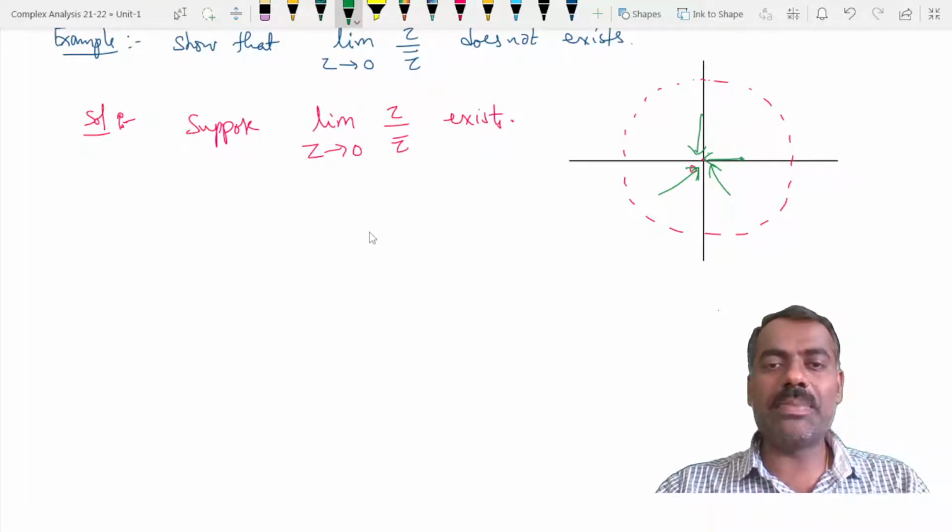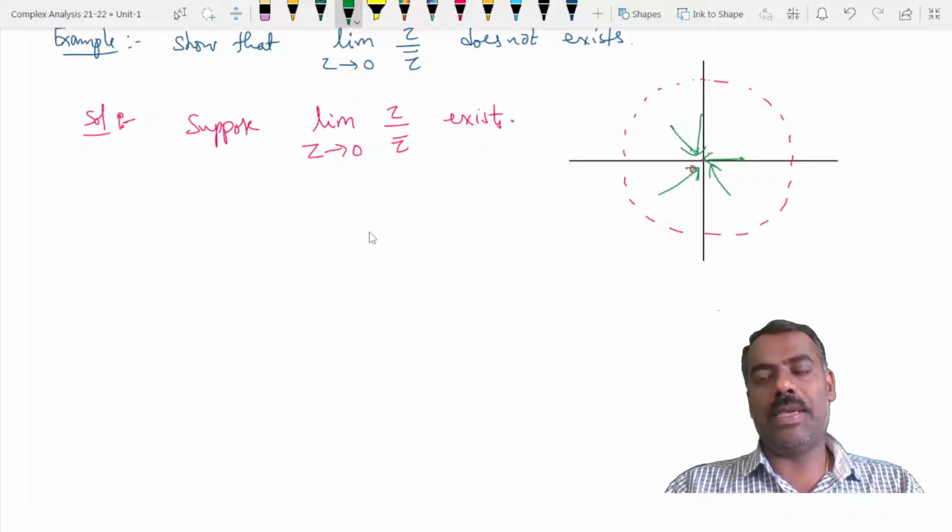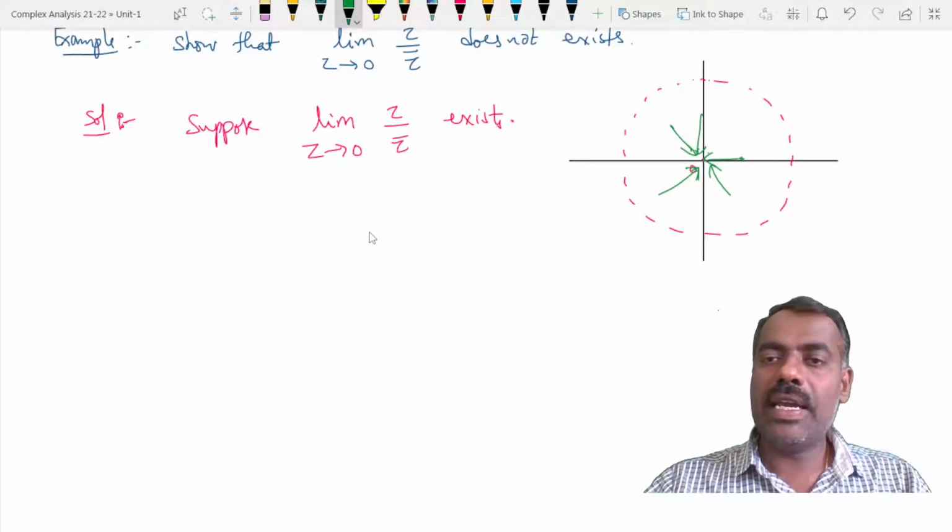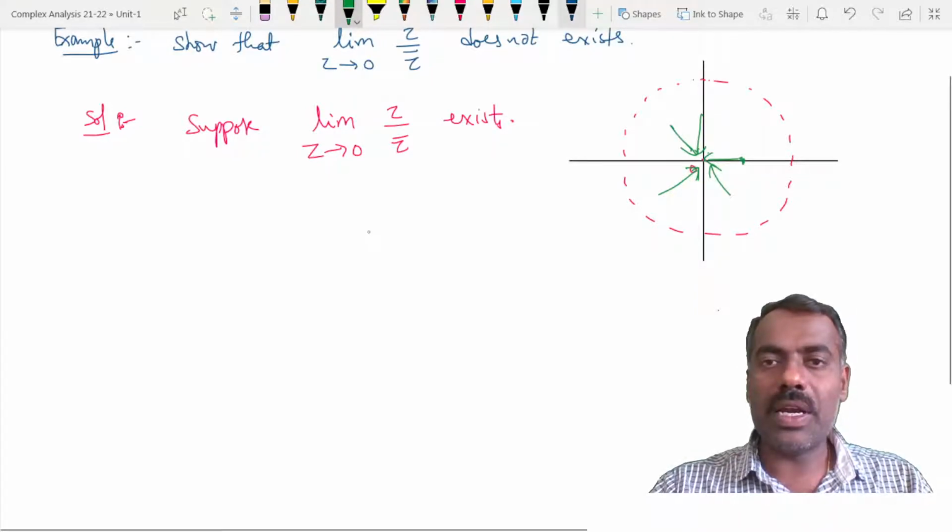So we say that limit exists means around 0, if points are close to 0, approaching 0 from the right side, left side, or any direction, then limit should be the same. But here we'll take a particular point.